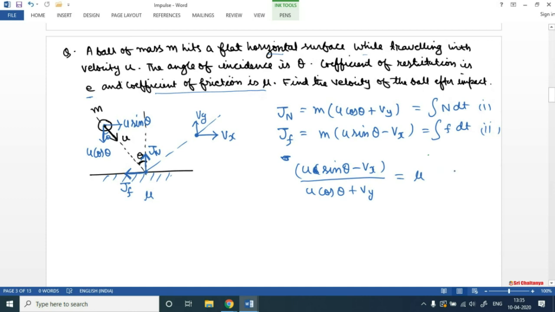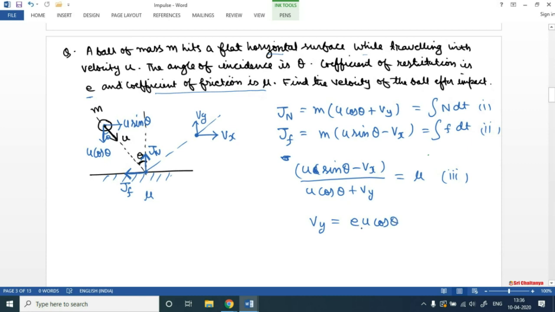So this is one equation, let's say equation number 3, and another equation we will have for the coefficient of restitution. The velocity of separation, as we can see, is nothing but Vy, and velocity of approach is u cos theta. So Vy you can write as e u cos theta.